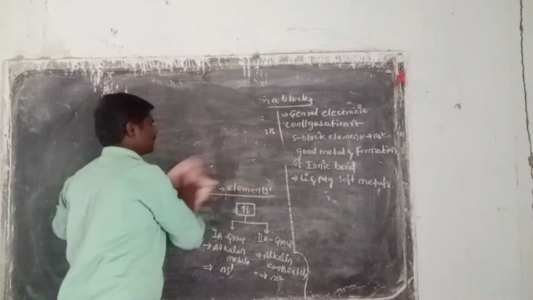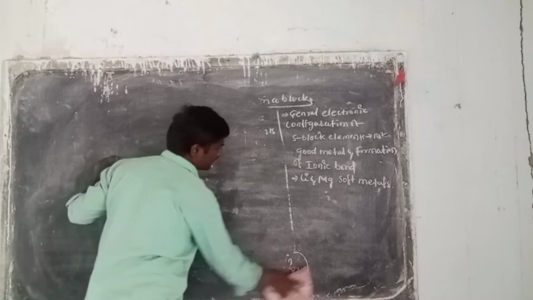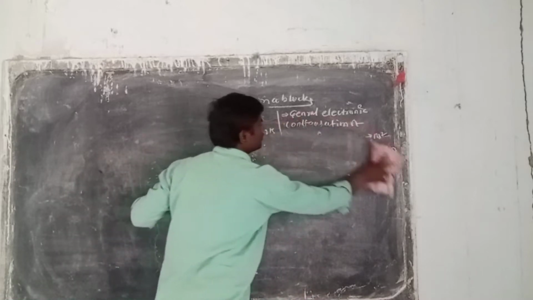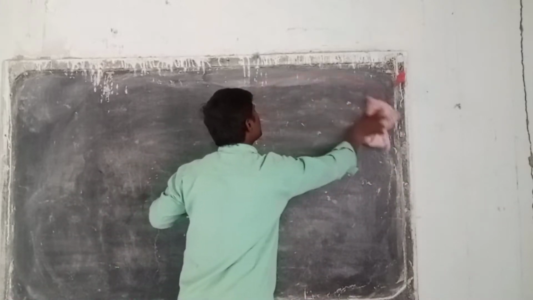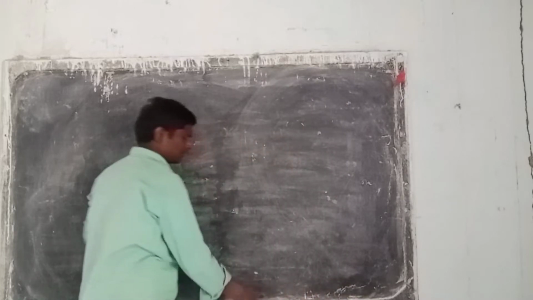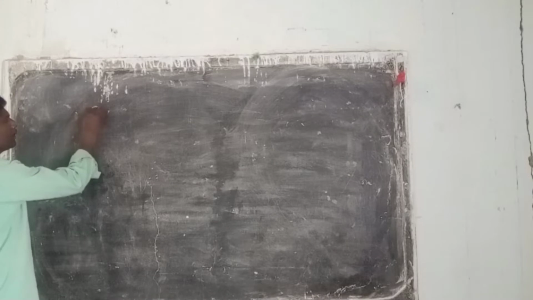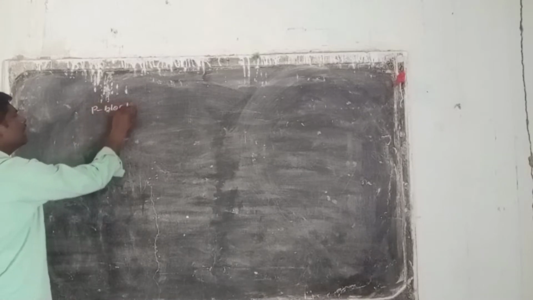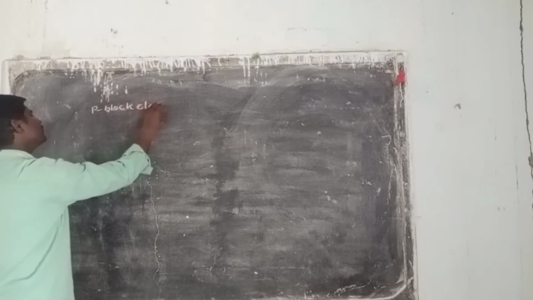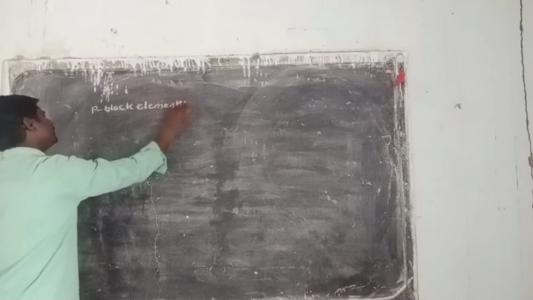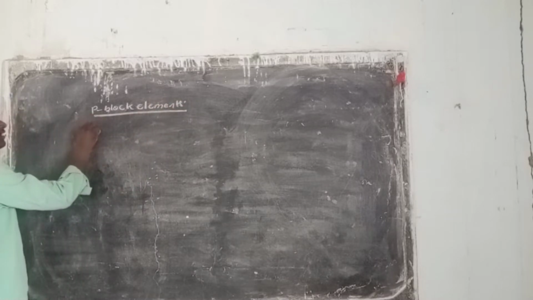Then we talk about the p block elements. What is meant by p block elements? What is the electronic configuration of p block elements? Now I write here p block elements. Once again recall, this is the definition.